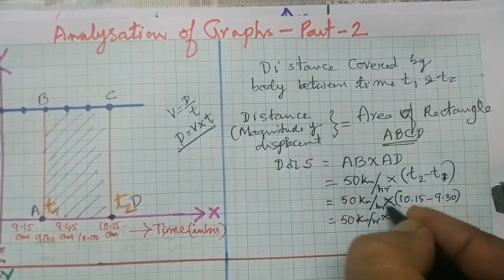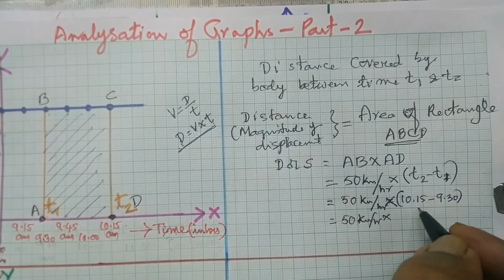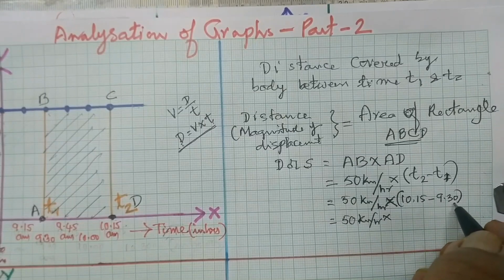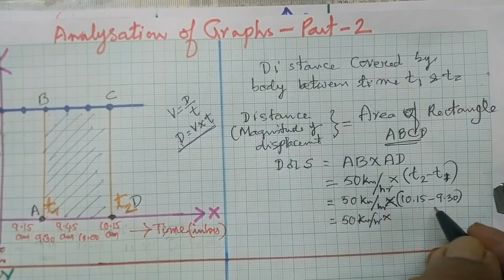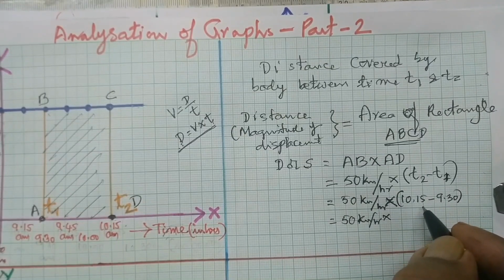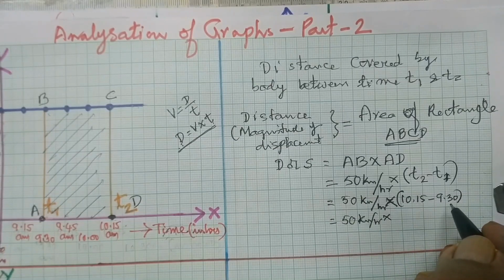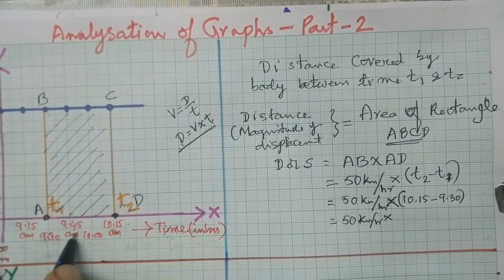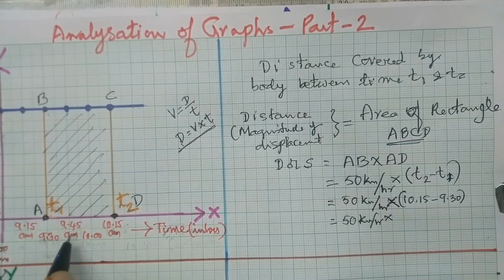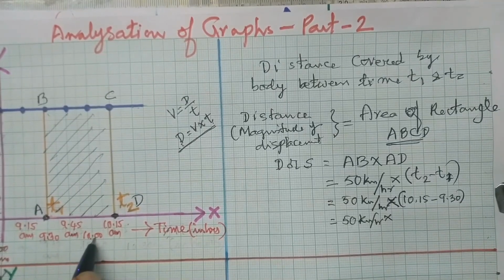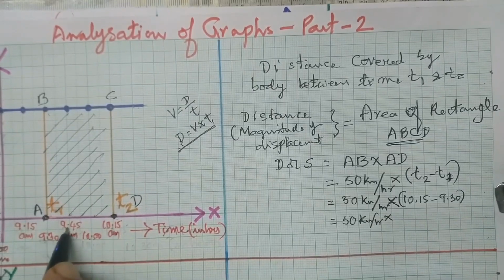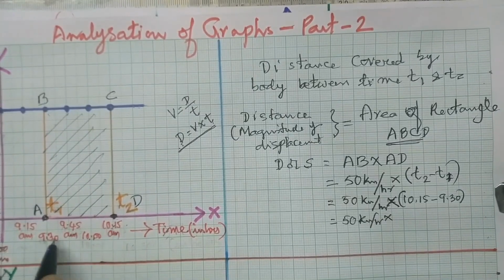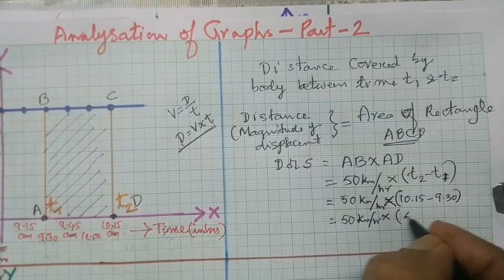Just you see, 10:15 minus 9:30. How many minutes will it take? You tell me. If you observe carefully, 9:30 to 9:45, 15 minutes. Again, from there to 10, 15 minutes. From there to there, 15 minutes. 15 plus 15 plus 15, total 45 minutes it will take.